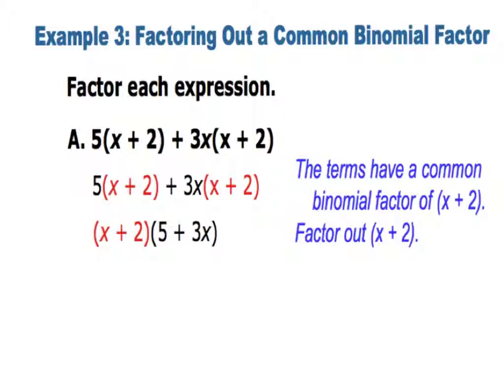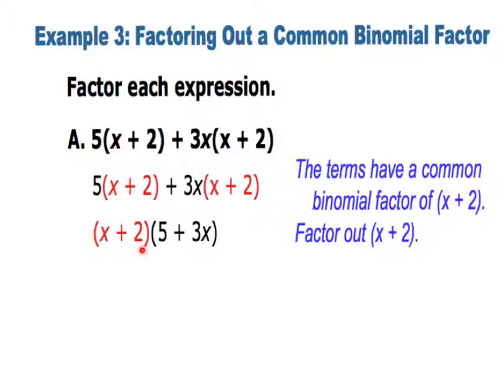If we have a binomial that's common to each of these terms, and here I turned it red, I want you to notice what happens. We can take this binomial and we can factor the binomial out. So if I take that binomial and I pull it out front, I'm left here with x plus 2. And what's left inside if I take this away? For example, let me go ahead and just cover this up for a second.